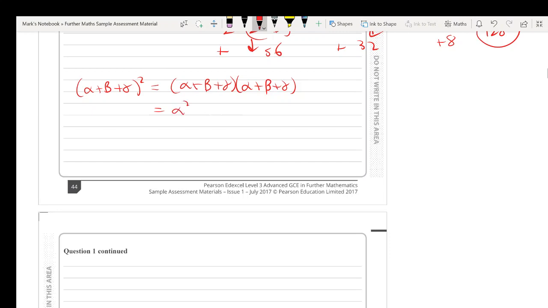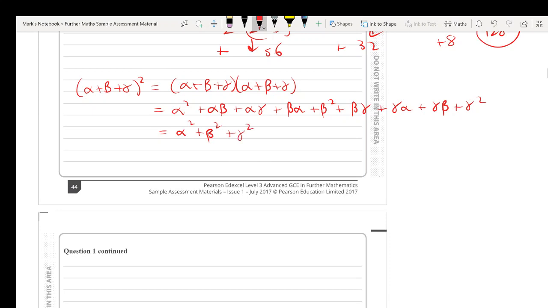So we get alpha squared plus alpha beta plus alpha gamma, and then beta alpha plus beta squared plus beta gamma, and finally plus gamma alpha plus gamma beta plus gamma squared, which, if we reorder it, is alpha squared plus beta squared plus gamma squared.